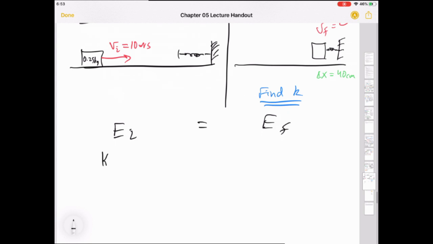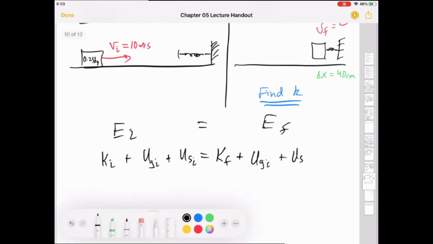Specifically, that's K initial plus U initial, and we should include all of the potentials we can think about. So we can say UG initial plus US initial equals K final plus UG final plus US final.